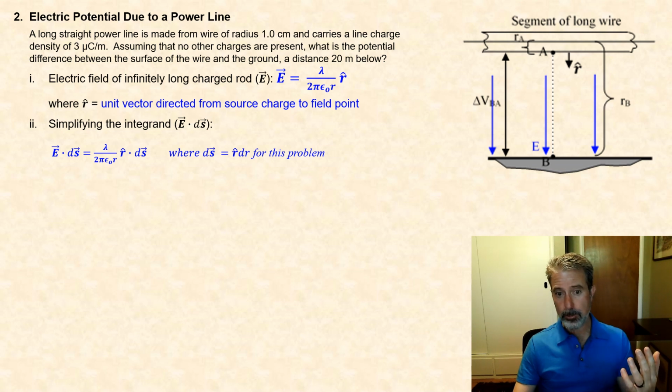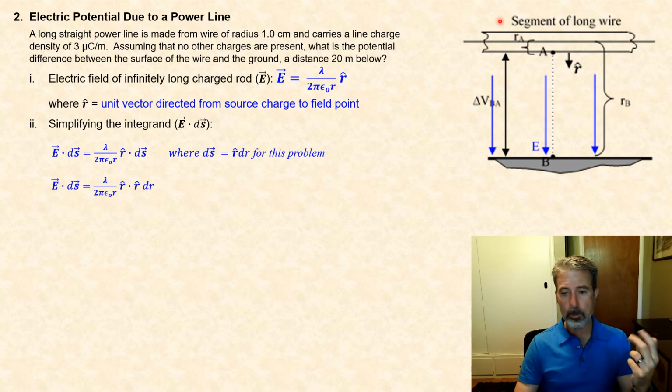So for this particular problem, we can write that infinitesimal displacement vector as simply r hat times dr. And this allows us to greatly simplify things. When we plug in the expression for the electric field as well as the expression for ds, we find that we end up with r hat dot r hat, which is just 1, times dr. So the form of this integrand is quite simple.